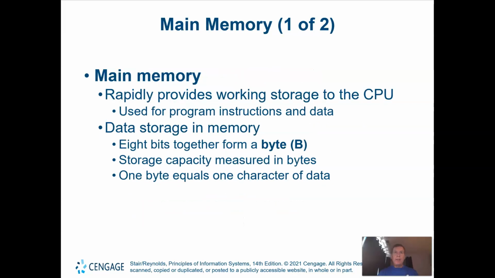Now, with main memory, I did want to share that, again, just as a review, it's a component of the computer that provides the CPU with that working storage area for program instructions. So the application, when you click on it, is pulled into the main memory, and the CPU will reference that for instructions and data.